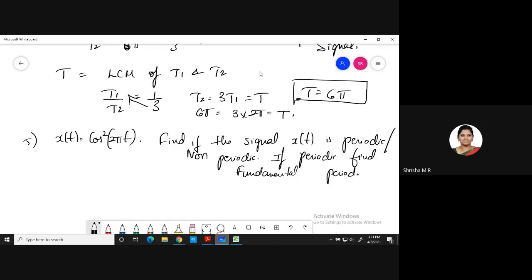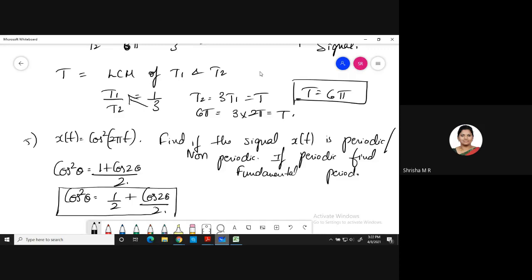So how will you solve this? It is cos square theta form, right? Cos square theta, we can write as 1 plus cos 2 theta by 2. Yes or no? So cos square theta is equal to 1 by 2 plus cos 2 theta by 2. Here cos square 2 pi t, so theta is nothing but 2 pi t.